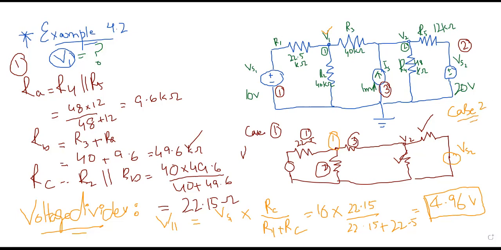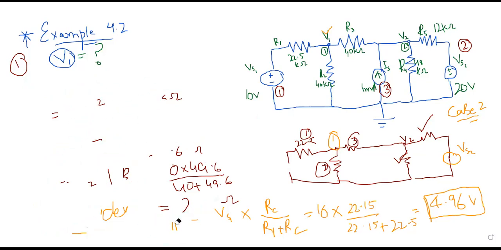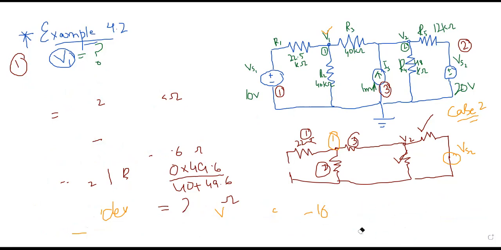For case 2, oh, just a minute. For case 2, yes, this will be open. So for case number 2, we also find all the values of resistance, then also find the value of V1 for my system.